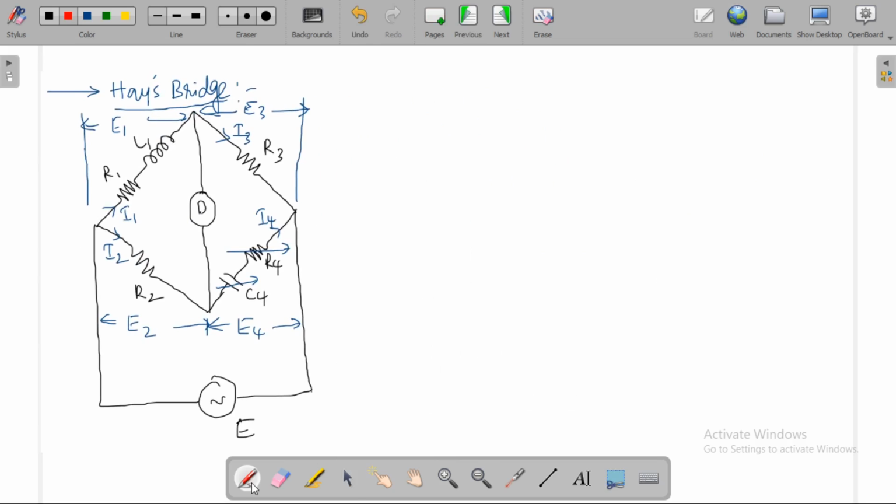Now let me draw the phasor diagram. Let me take current as the reference vector.